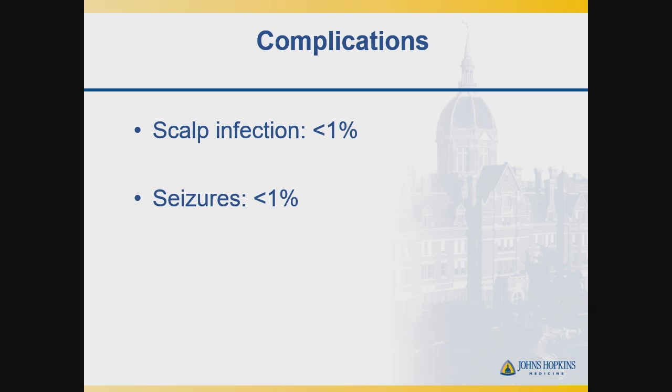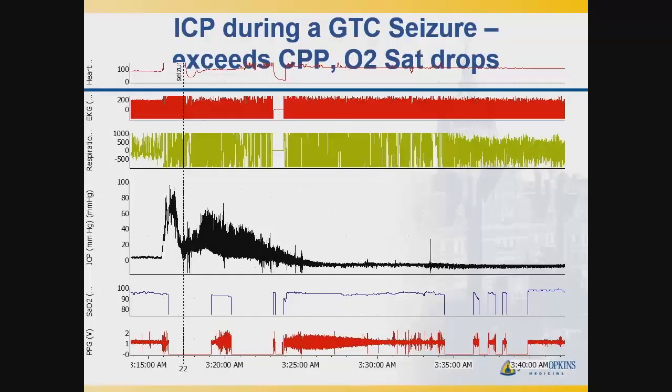One patient had a superficial MRSA infection that she needed antibiotics for about 14 days. One person did have a seizure, a grand mal tonic-clonic seizure, likely related to placement of the probe. Again, it's well known it can happen, but just to give you an idea of what happens during a seizure, we happen to be monitoring ICP during the seizure. And you can clearly see the tonic phase when the ICP just steeply climbs to 80, 90, 100 millimeters of mercury.